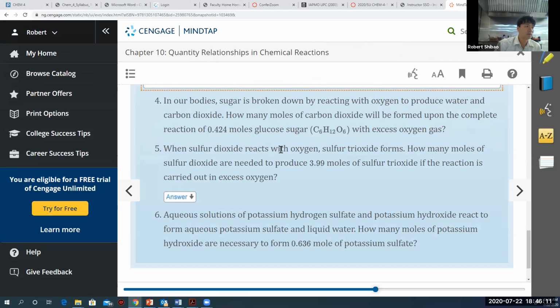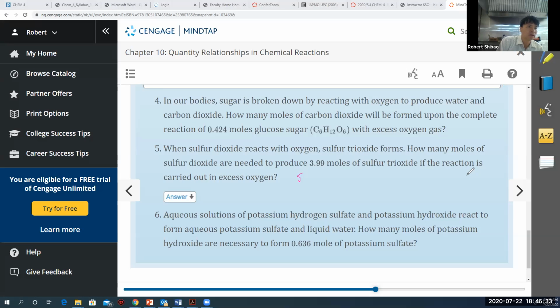When sulfur dioxide reacts with oxygen, sulfur trioxide forms. How many moles of sulfur dioxide are needed to produce 3.39 moles of sulfur trioxide if the reaction is carried out in excess oxygen? Well, oxides of sulfur, we have different ones. Which oxide of sulfur do we make?